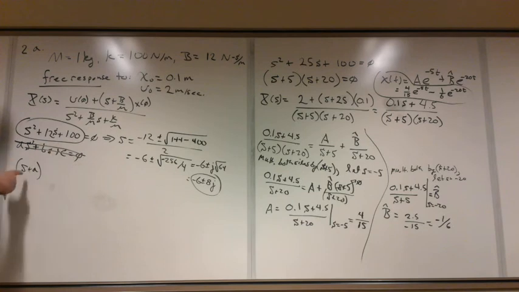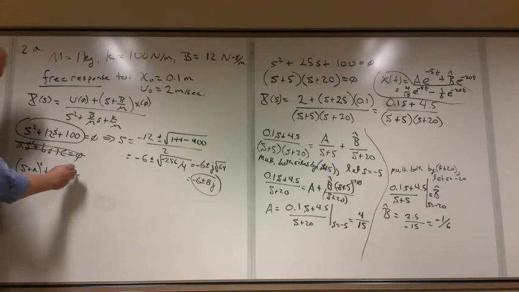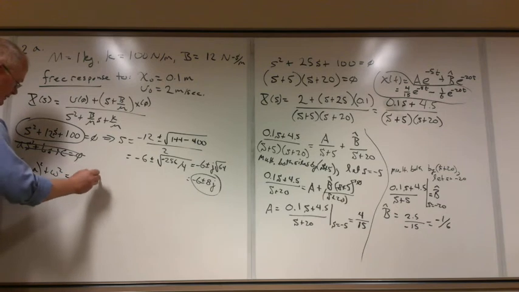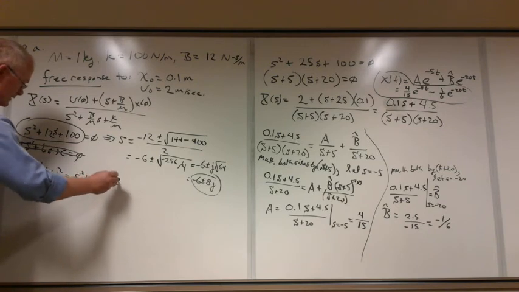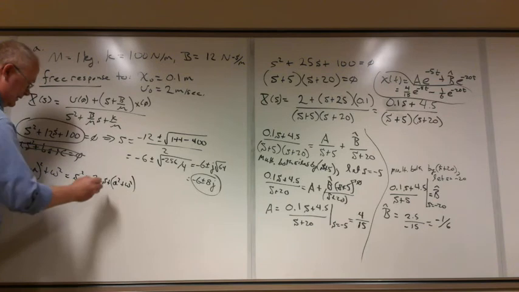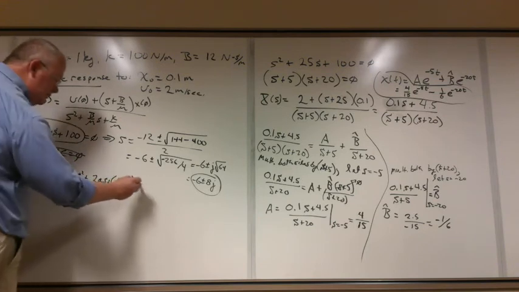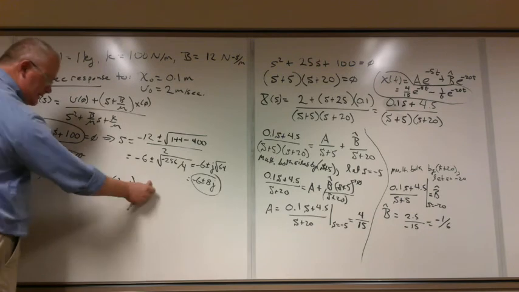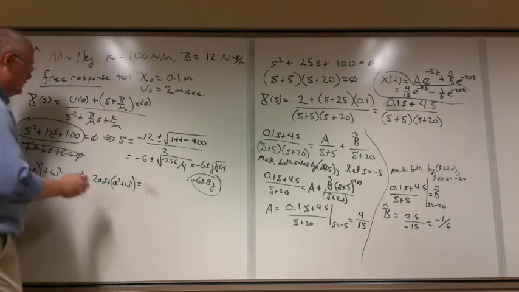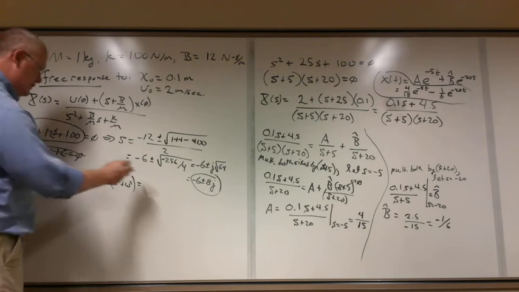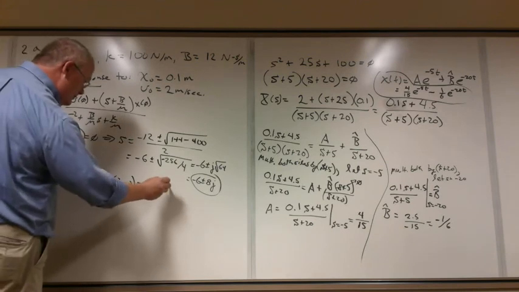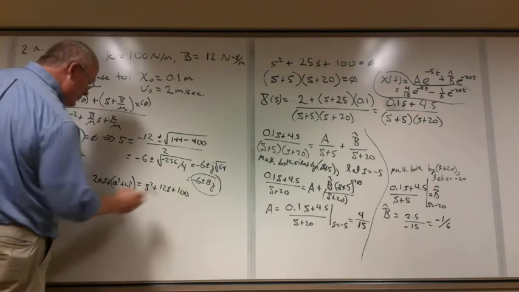S plus a squared plus omega squared is equal to s squared plus 2as plus a squared plus omega squared, like that, okay? Let's just say this is actually equal to s squared plus 12s plus 100, all right?